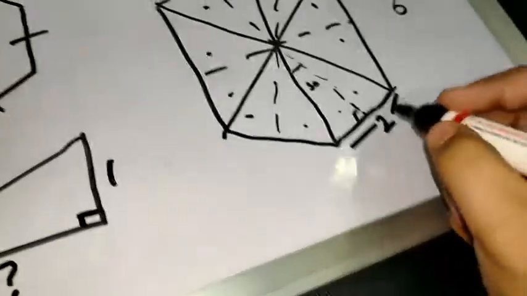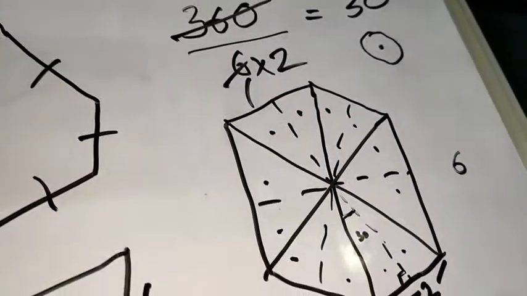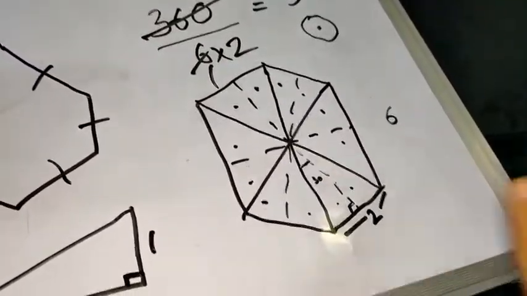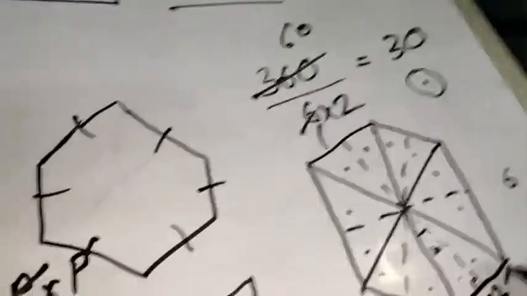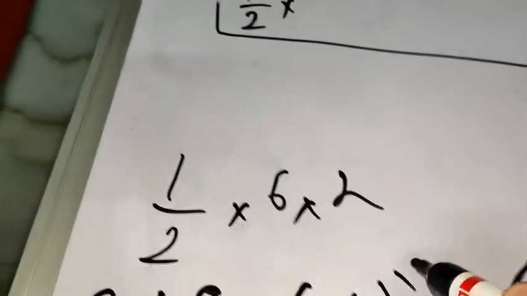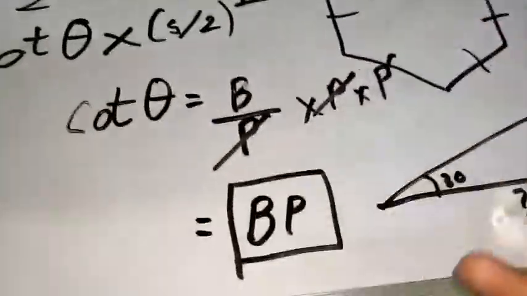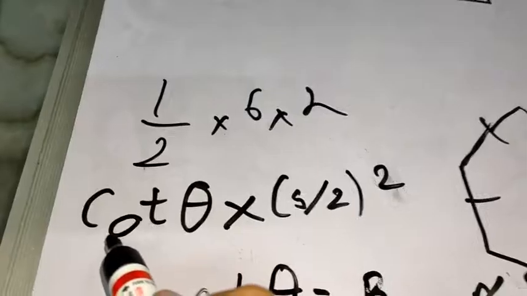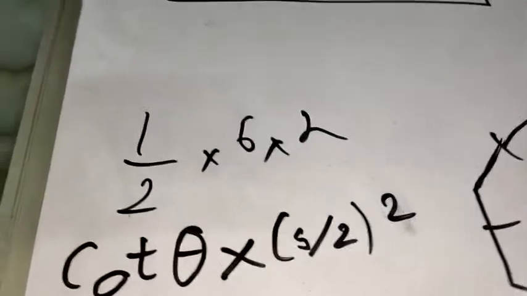The p is actually side divided by 2, because we know the base of the isosceles triangle can be divided into 2 right angles. So it would be cot theta into side upon 2 squared, right? Why squared? Because we have to make b upon p into p squared give bp, right? So now we have the simple formula with us.